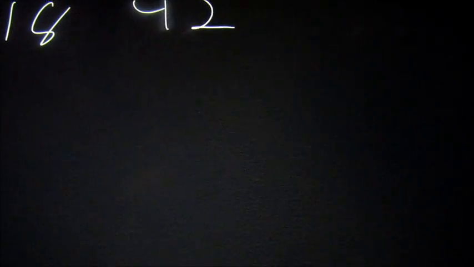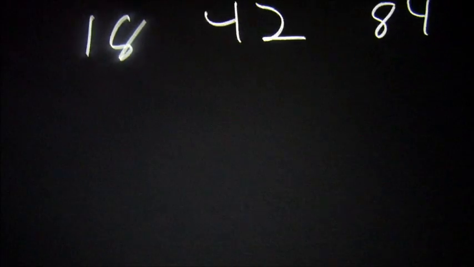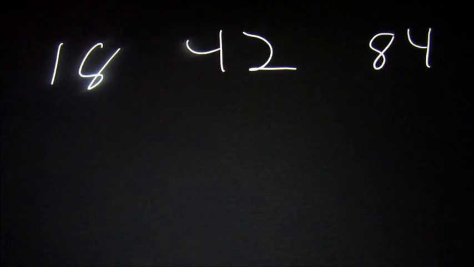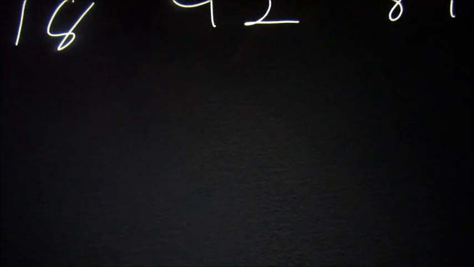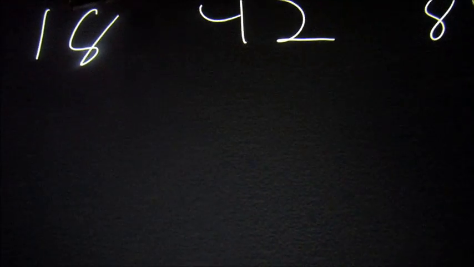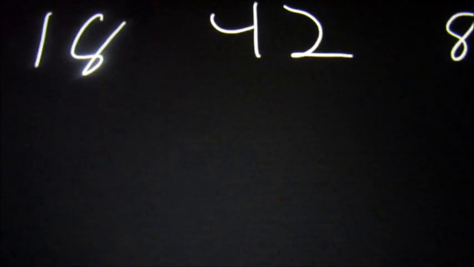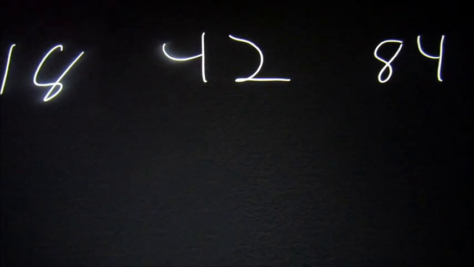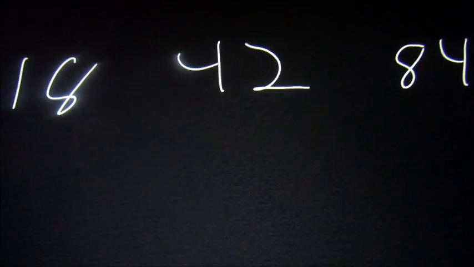If we want to do it the other way, we have 18, 42, and 84. Here, we just need to see if the number will go into everything. So we'll start with 18. 18 will not go into 42. We don't need to worry about if it'll go into 84, since it won't go into 42.